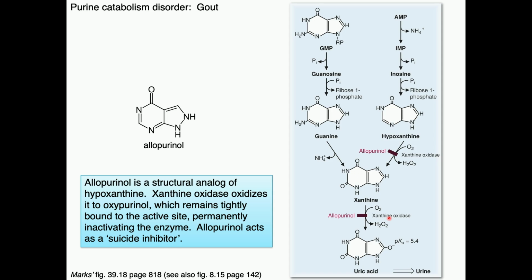I think it's called hydroxypurinol, but I don't know if I've got that written here. Yeah, hydroxypurinol. That product then is so tightly bound to the xanthine oxidase enzyme that it can't be competed away. So it's not a covalent bond, but it's bound so tightly that the kinetics of it are acting like a suicide inhibitor.